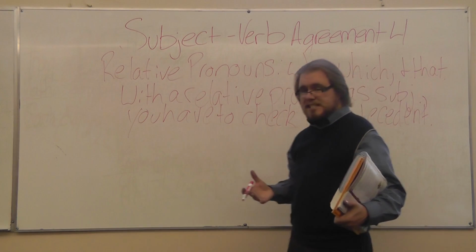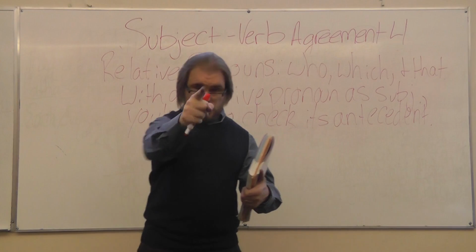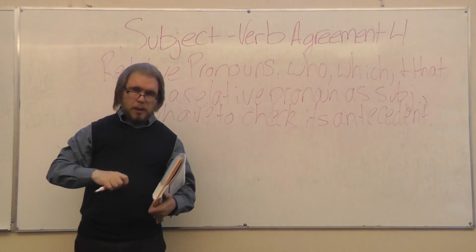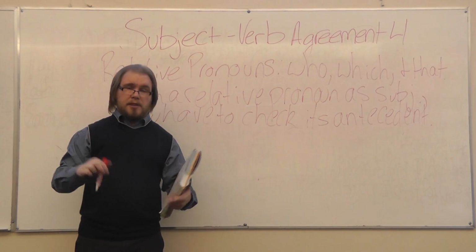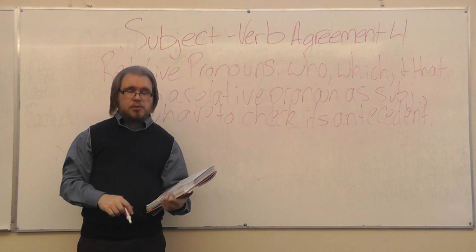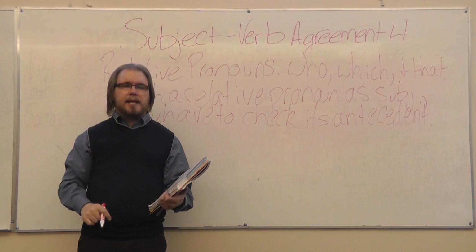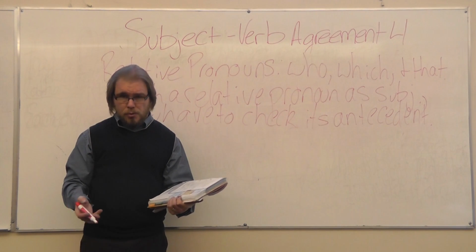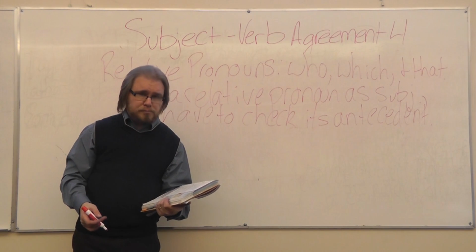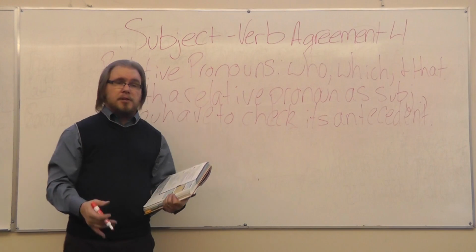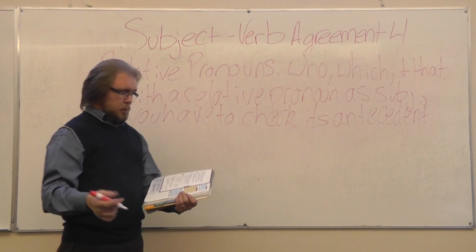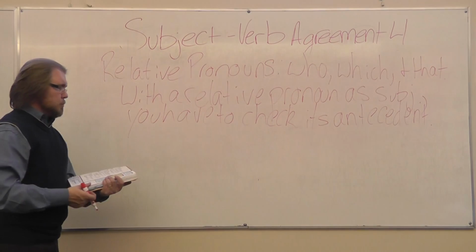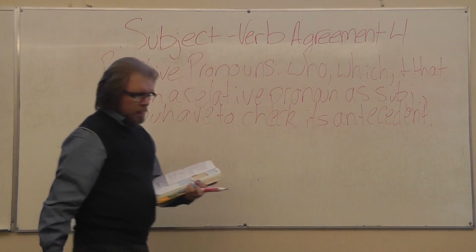Okay, so if who is taking the place of you, whichever student you are listening to this at the moment, then it is singular because there's just one of you. If who is taking the place of the baseball team, or the Clippers, or the student body of Peyton Junior Senior High School, then it's going to be plural because who is replacing a plural noun.